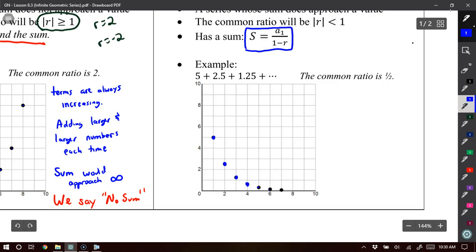And in this case, the terms are always decreasing. You, in this case, are adding smaller and smaller numbers each time.